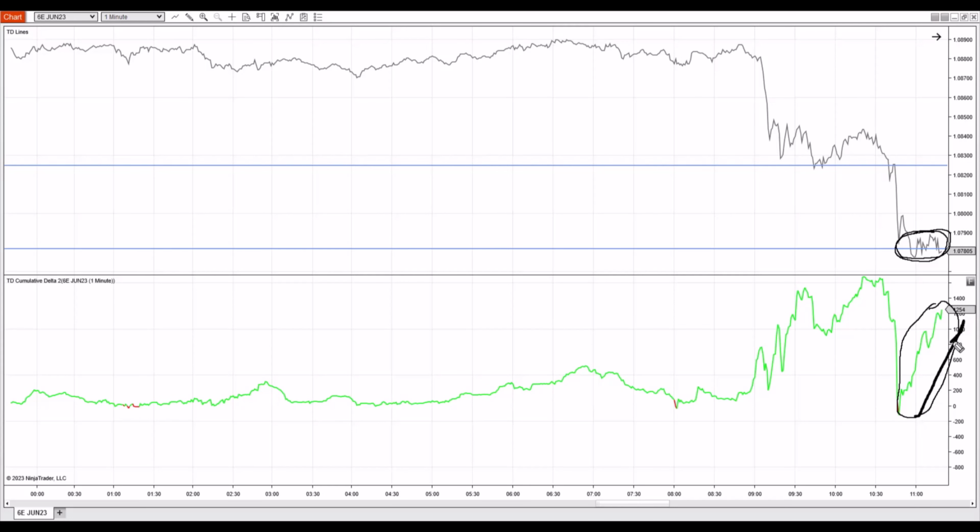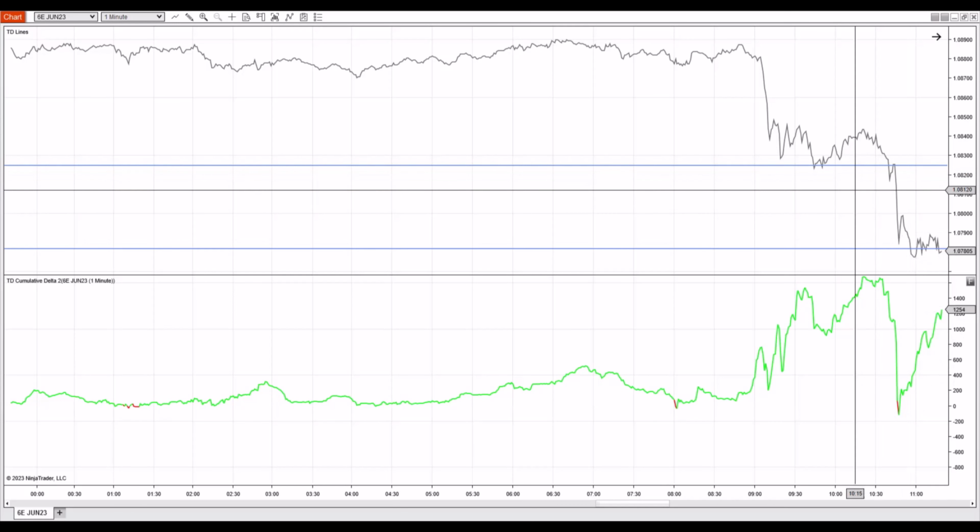They are buying like crazy here. The price action chart doesn't show you that, but cumulative delta does. So what you do is you go long from here because you just got the confirmation.